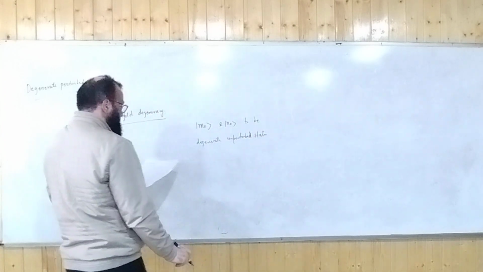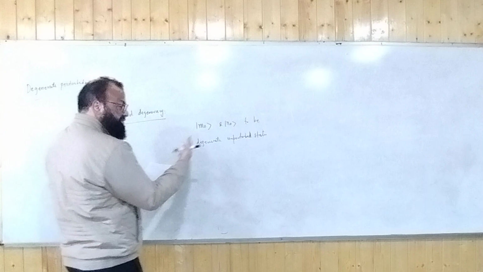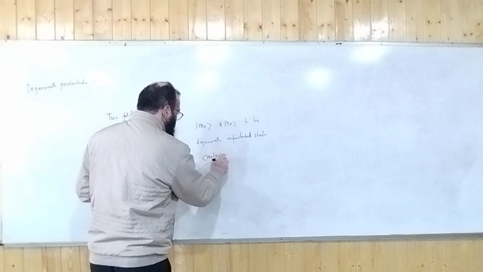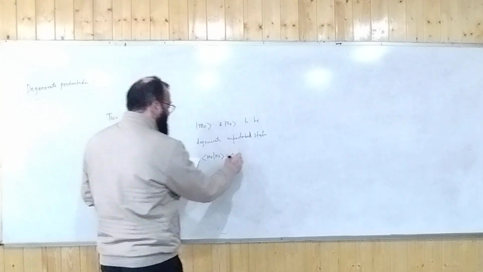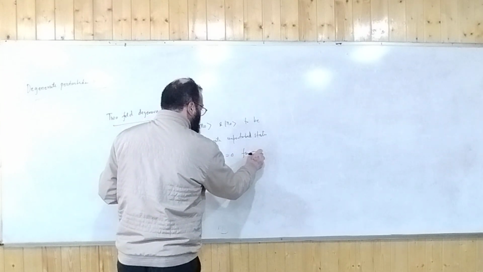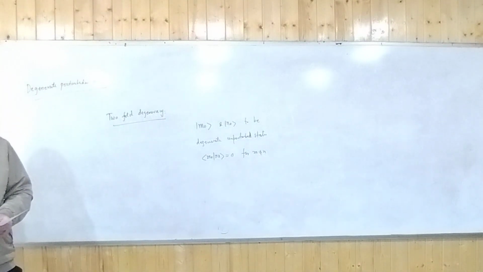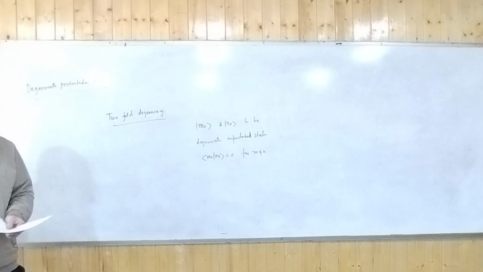Okay, clear? And we assume them to be orthonormal, like this: <m0|n0> is equal to 0 for m not equal to n. Clear? They are orthogonal to each other. Clear? So can you give me an example of this situation?